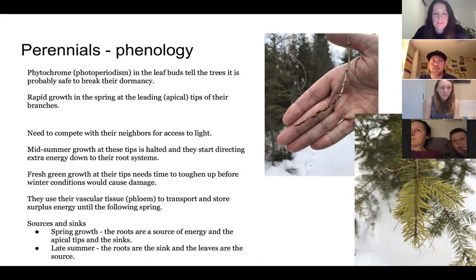So I wanted to take an opportunity to talk about perennial life cycle strategies. It might not seem like you need this knowledge as a gardener here in the Bow Valley, but I'm going to talk about taking stem cuttings and cloning in a future class.